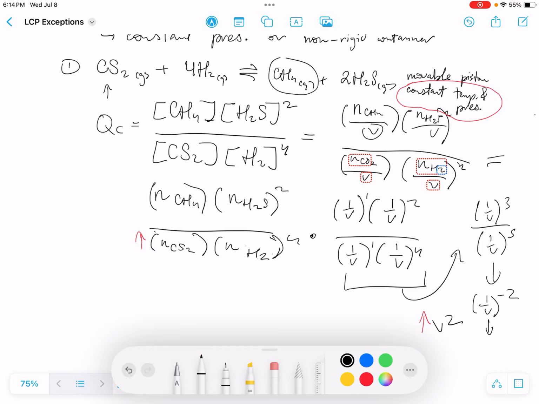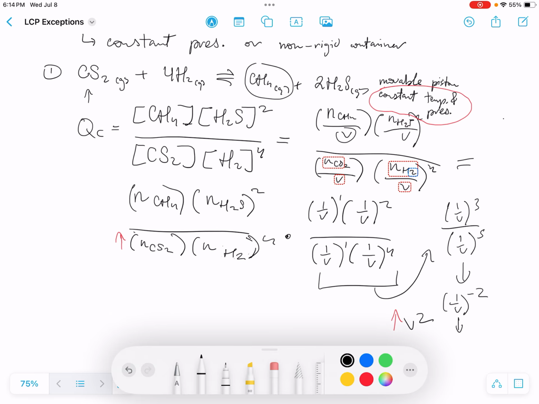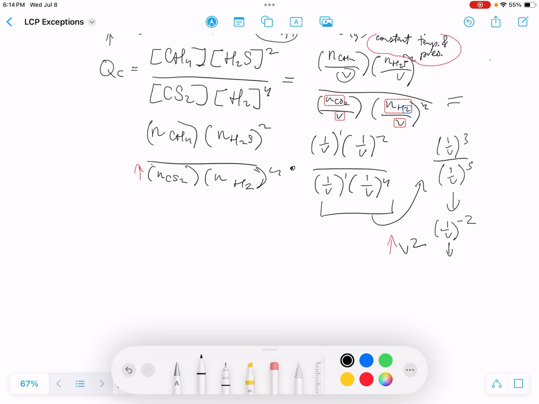So really, we can't determine whether the methane is going to increase or decrease at all times, because our QC could be greater than the KC if, let me pull up my notes here, it could be greater if this ratio of volume squared over these moles is greater than the initial.